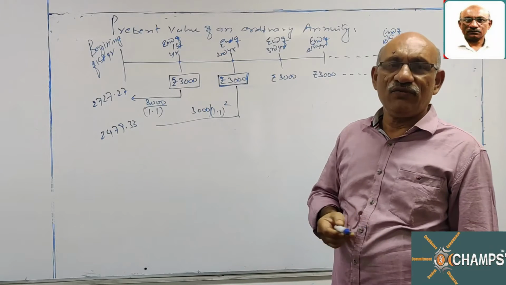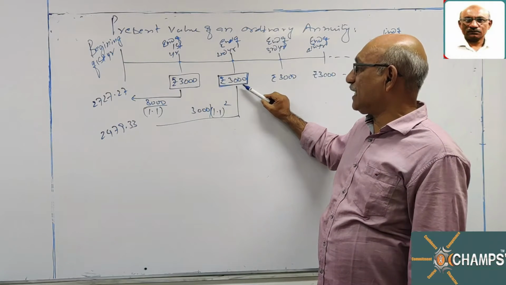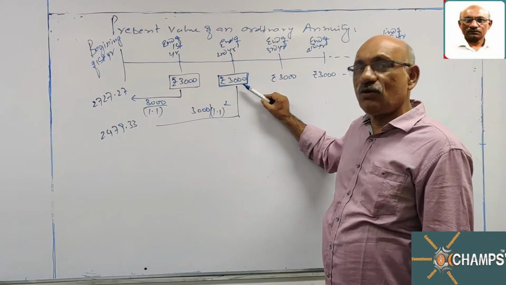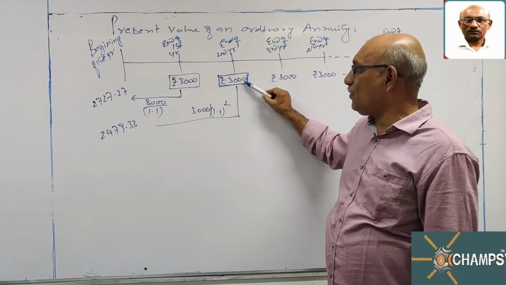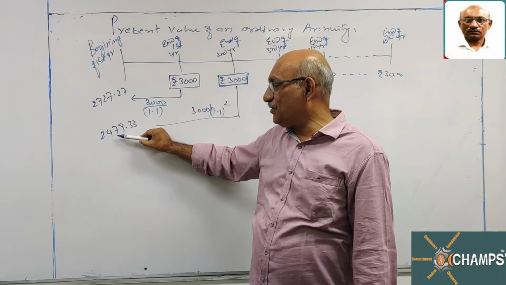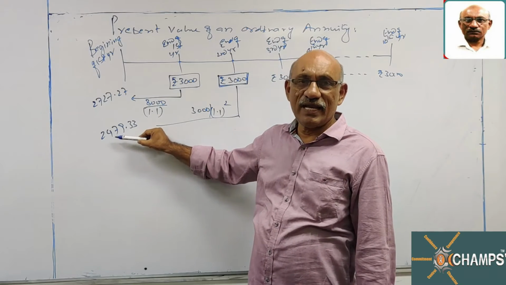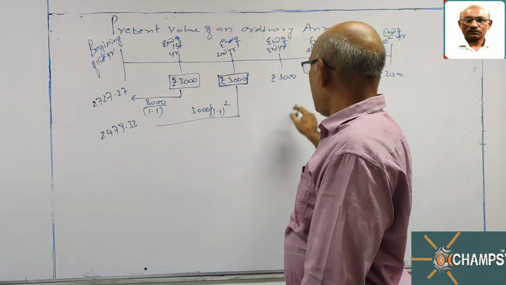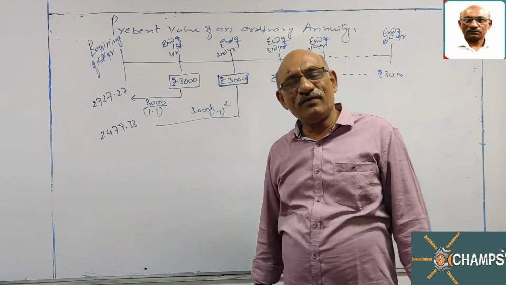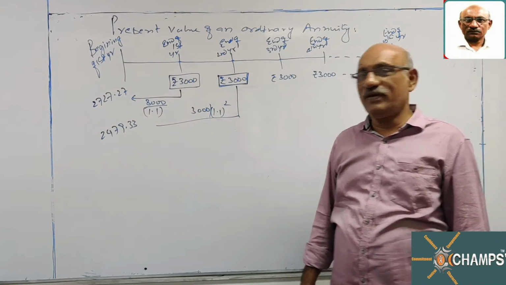The same thing you can say this way also. When 3,000 rupees is due after 2 years, its present value is 2,479. This way, every payment value you can compare with today. That is called a present value.